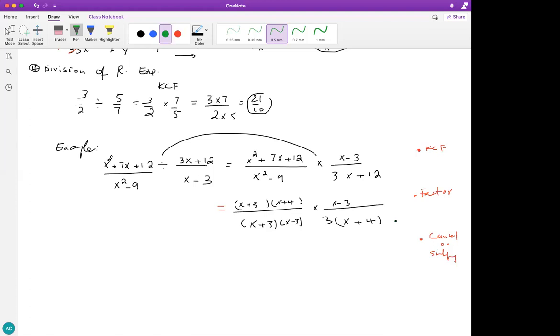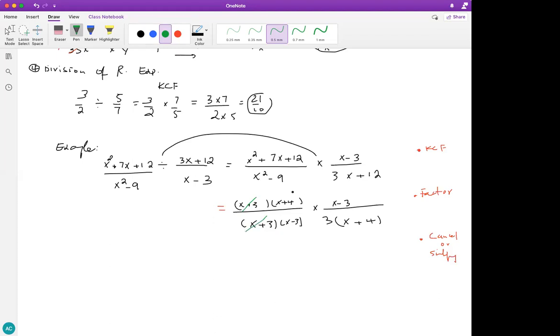So what cancels out? x plus 3, x plus 3. That's right, first thing here, always start locally in each fraction first before you cross. Because we're gonna simplify everything basically. That's x minus 3. This cancels out, that's right.